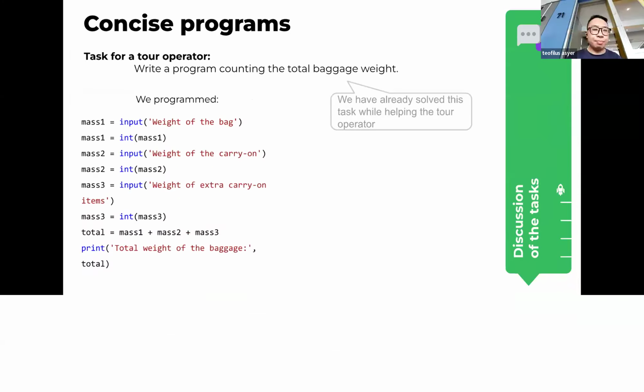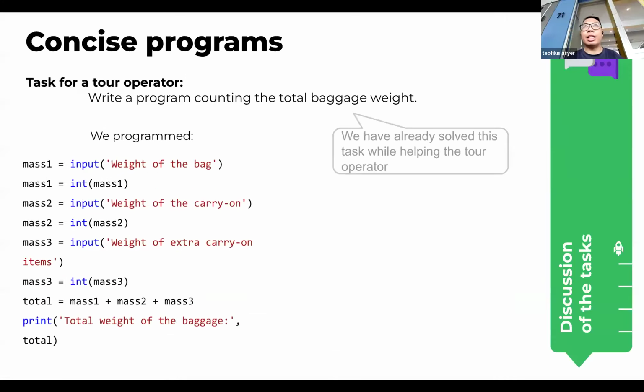If you see in here, let's say that we have a task to program something, for example how to count the total baggage weight. And this is a little bit of how to make that.